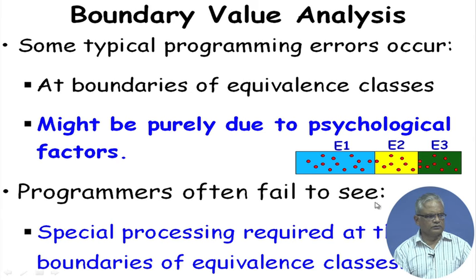So, the genesis or the importance of this testing is that there is a special processing or special consideration required from the programmer at the boundaries of equivalence classes, and we need to check whether he has taken care of that.